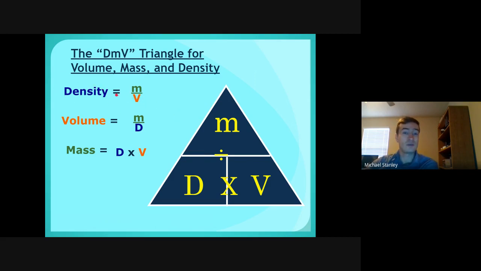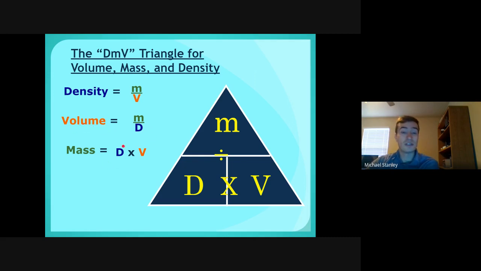So density equals mass over volume. That's our basic, straightforward density equation. If you measure the mass and the volume, you can do m divided by v, and it'll tell you the density. But you can also figure out the volume and the mass as long as you have the correct two components. If you know mass and density, you can do m divided by d to get volume.